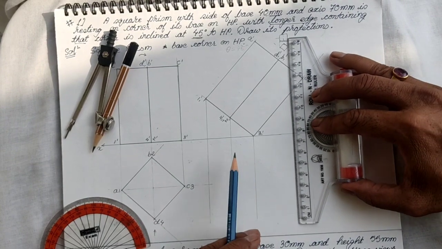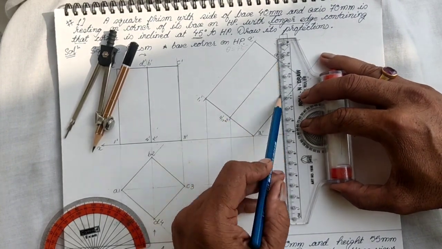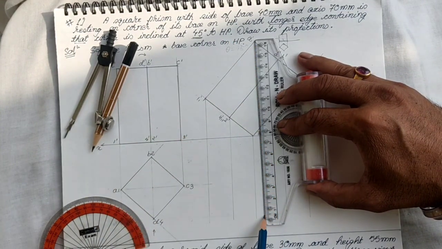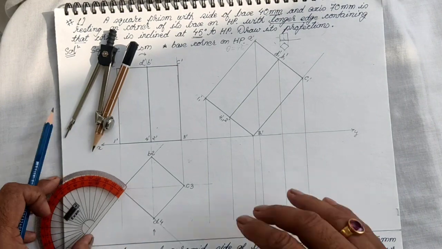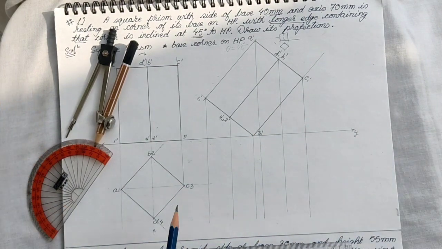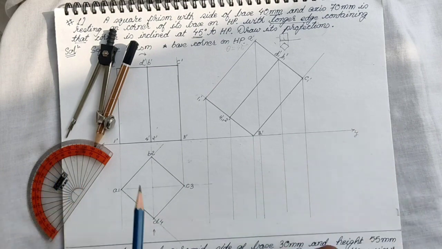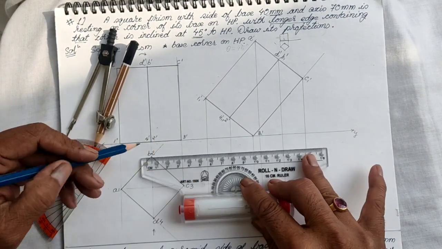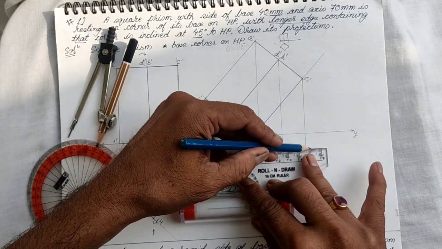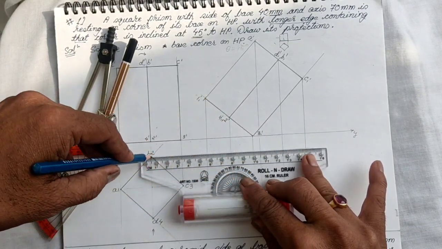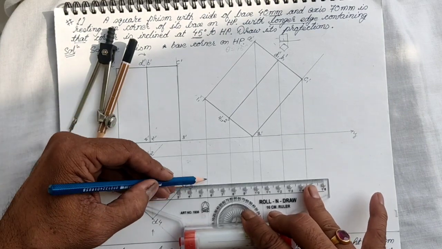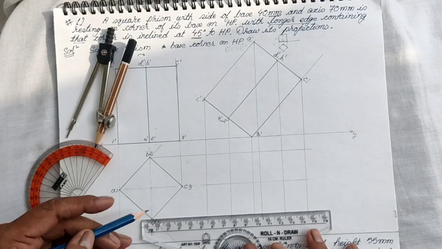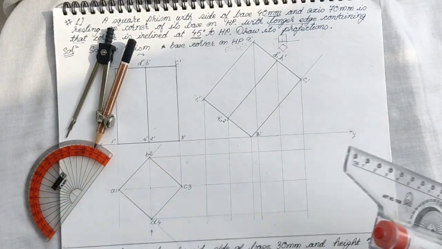So we project all these corners for the final top view. Now we will drag the projectors, the loci of all these 8 corners, parallel to the XY line for the final top view. This is for B2, this is for these 4 corners, and this is for these 2 corners.